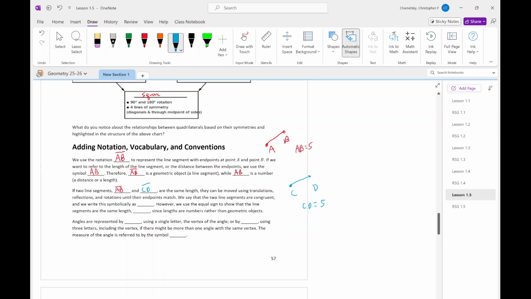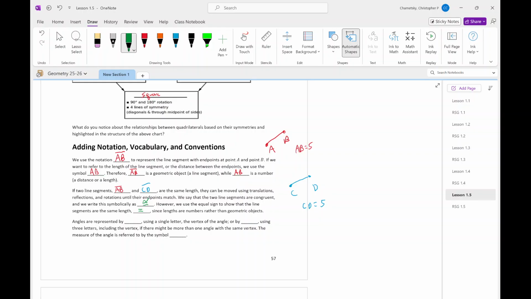Okay. In other words, we can move them, rotate them, and they'll land on top of each other. We'll say that they are congruent, and the symbol that we use for congruent looks like an equal sign with a squiggly. However, if we're just comparing their lengths, we will just use a regular old equal sign. Okay. We'll get more used to this as we go along and we start talking more and more about congruence.